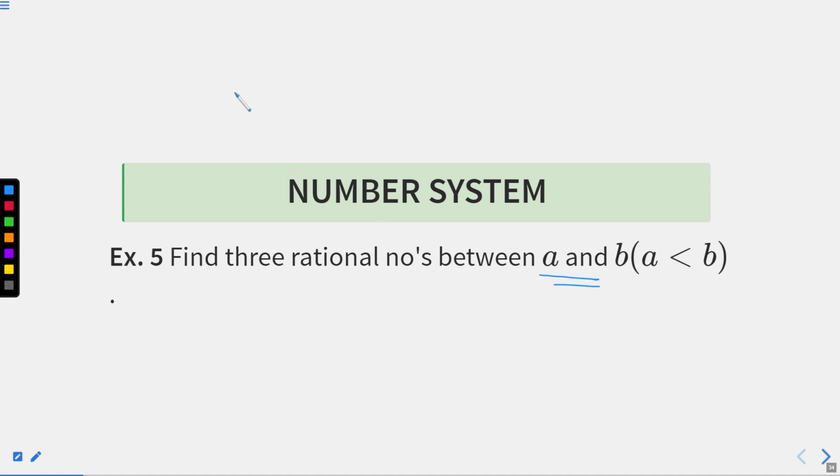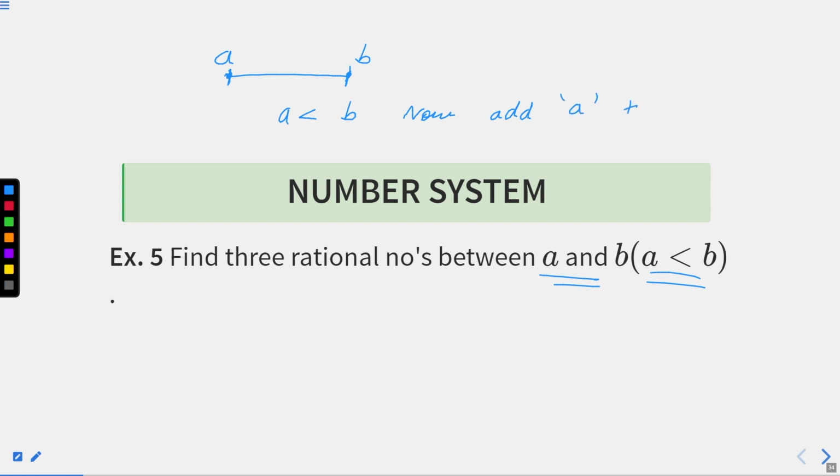One method is the previous method I gave, or there is another way, so let's try the other method. If A is here and B is here, we know A is less than B, so A is on the left side of B. Now add A to both sides.